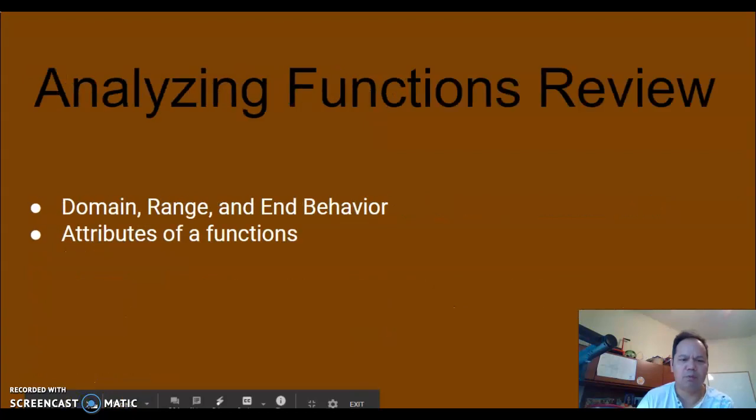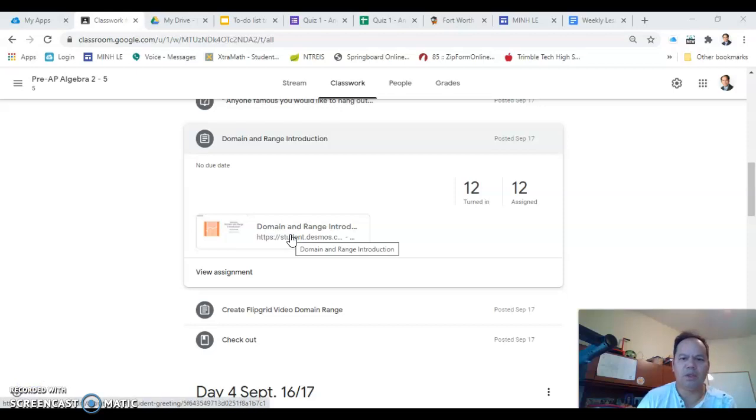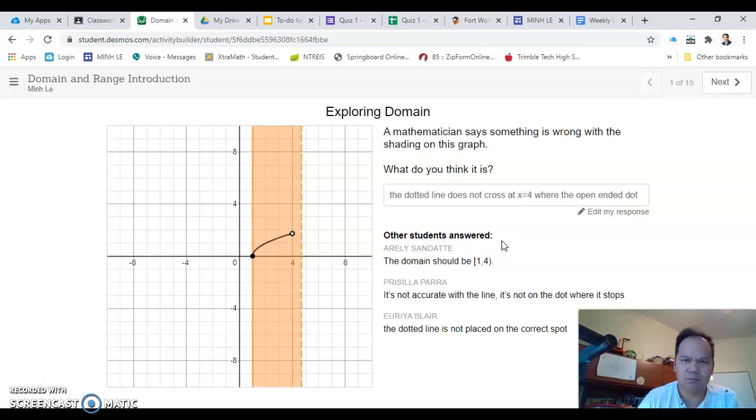So we'll go over domain, range, and behavior attributes of a function. First, I will go over one of the activities you did that students made quite a lot of mistakes on. So this one on the right, the shaded is not where the open end is.